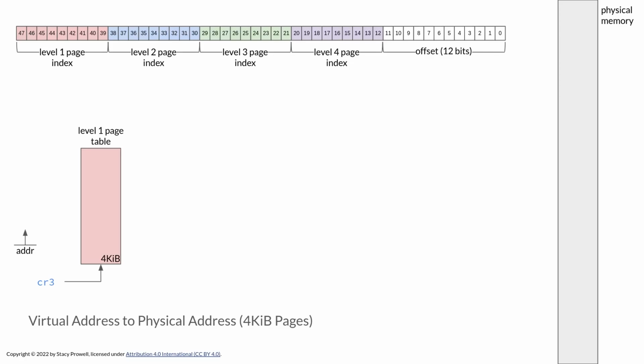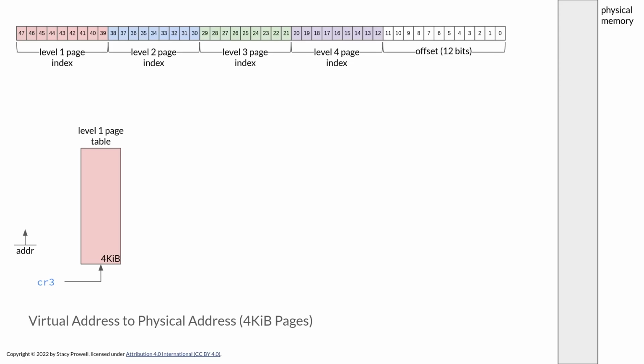So let's see this at work. CR3 points to a page. And again, addresses are going up as you go up the slide, so the lowest addresses are at the bottom. CR3 points there. The page is 4K in length, and that is the level 1 page table. It's 4K long. That means it can hold 512 addresses. 512 full 64-bit addresses are really 512 36-bit addresses with other bits that specify control information.